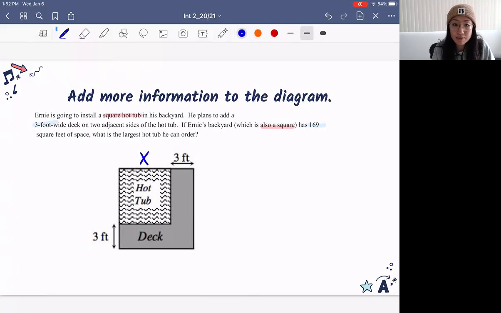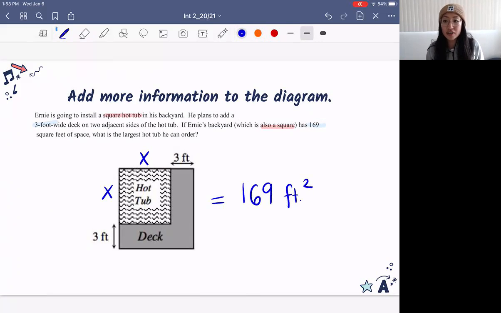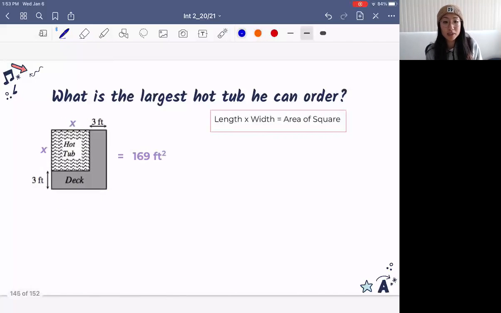But because our hot tub is a square, we know the other side should be the exact same length. In total, this whole thing in our diagram should equal 169 feet squared, or square feet.